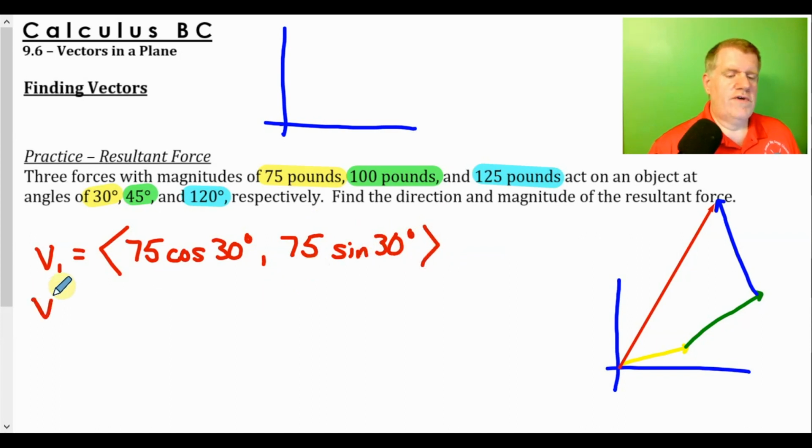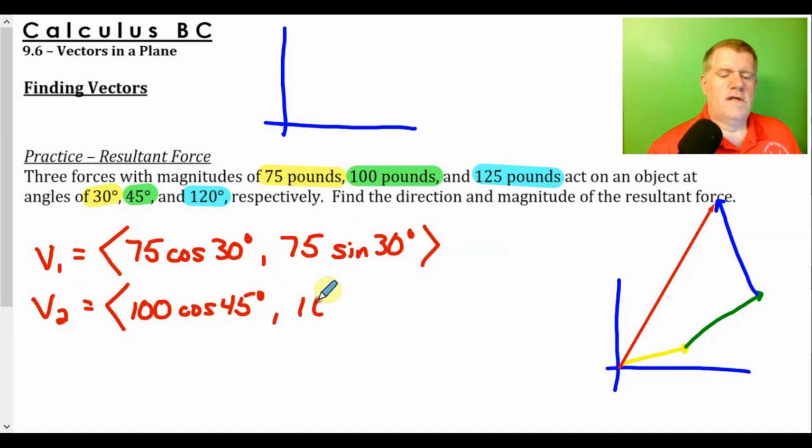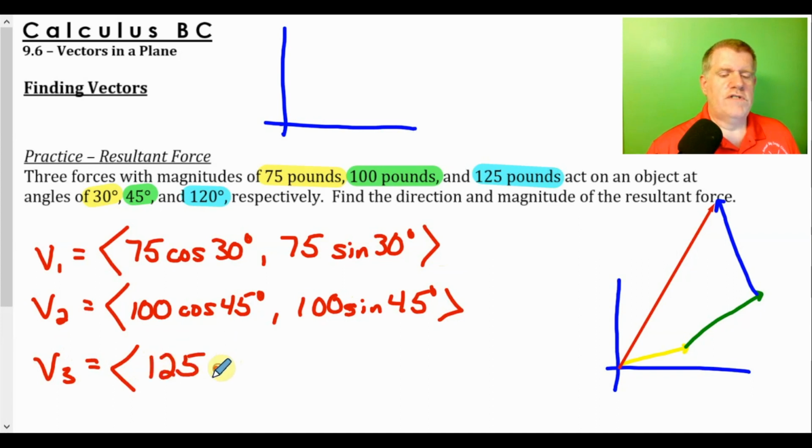Our second vector, with 100 pounds of force applied at a 45-degree angle, and our third vector, 125 pounds of force at a 120-degree angle.